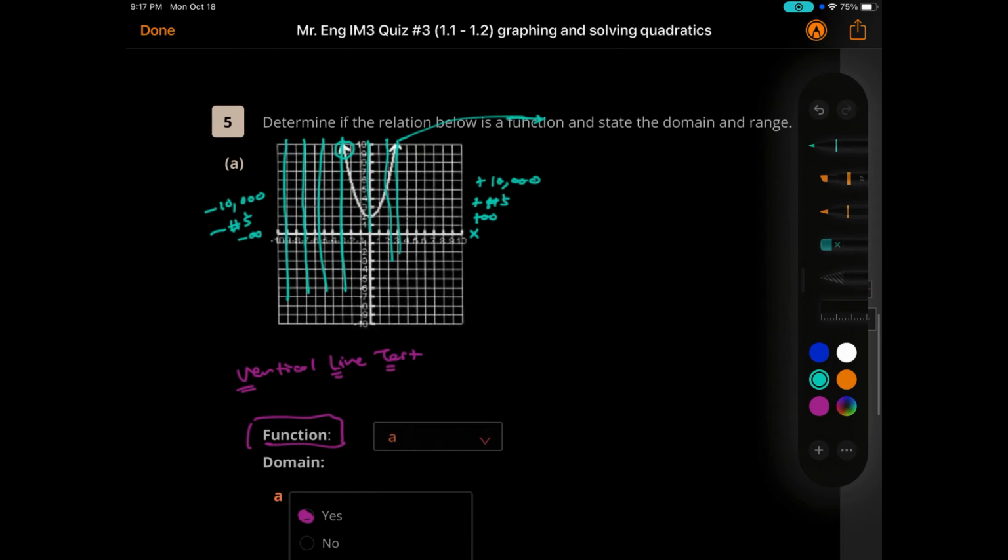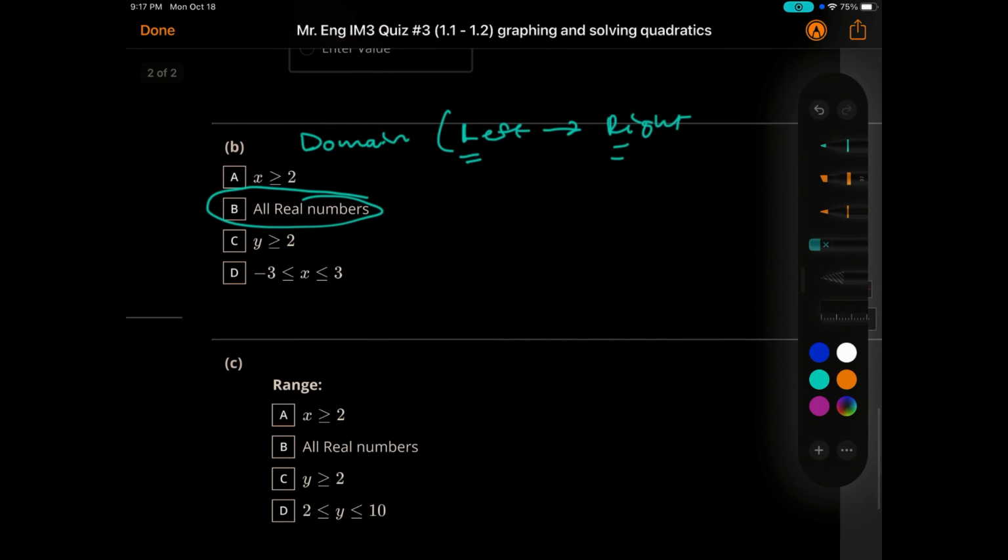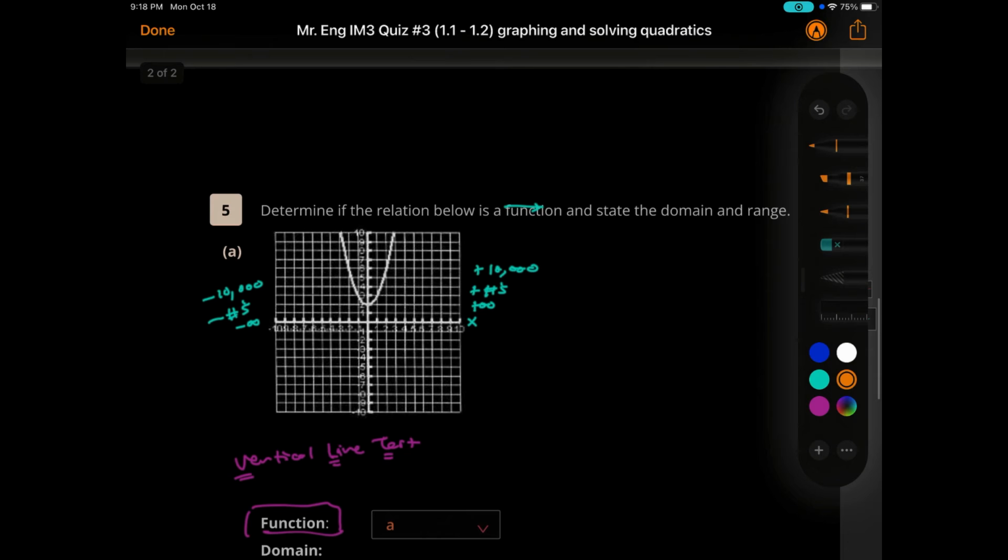All right. Now let's do the same thing, but let's go in the other direction. So the range is the y-axis, and we go from bottom to top. Okay, now I'm just going to focus on the y number line.